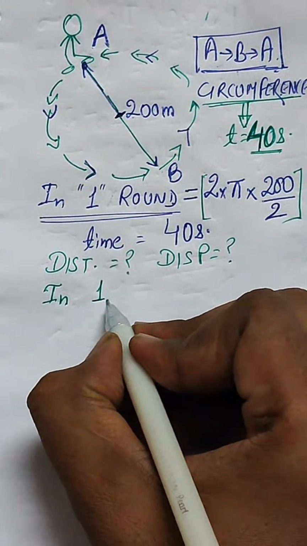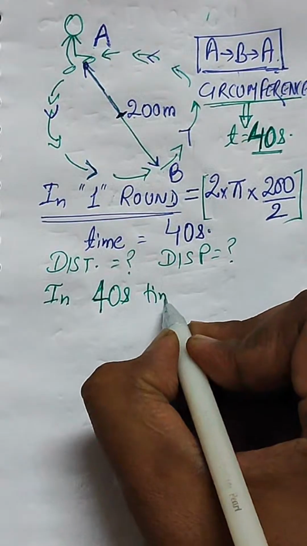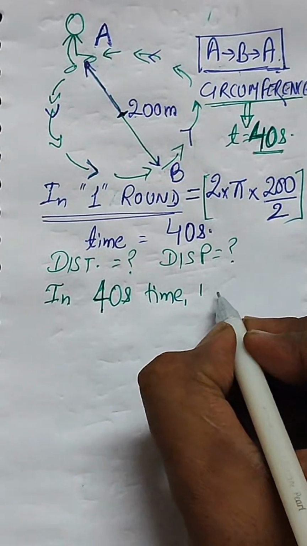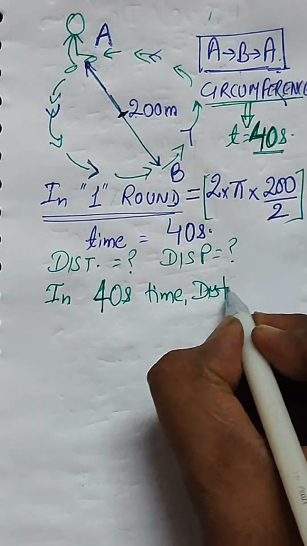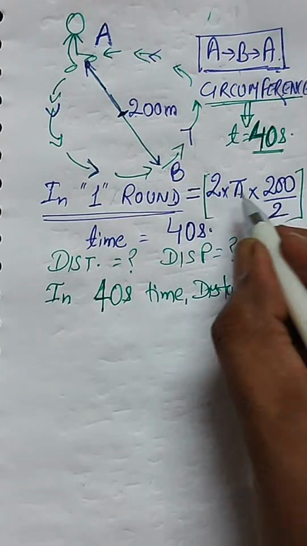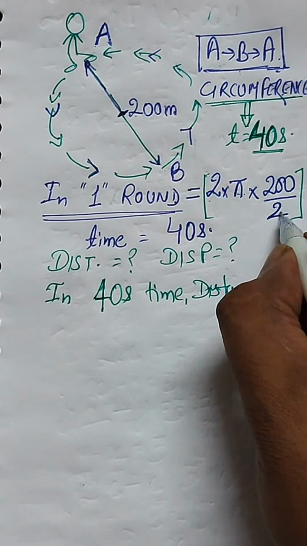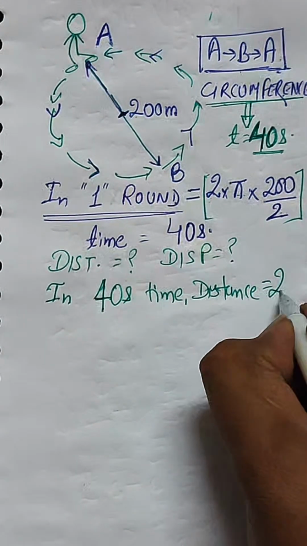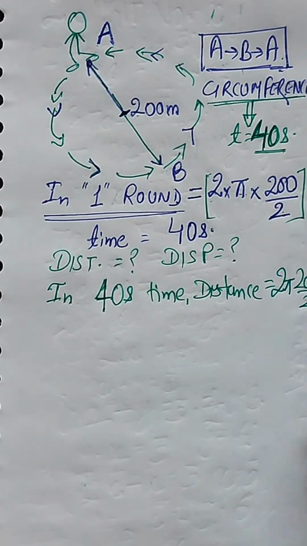I'm writing it just like the unitary method when we are solving it. In 40 seconds time, what is the distance covered? Distance will be equal to 2 pi r. So that is equal to, you can see, 2 pi and 200 by 2.